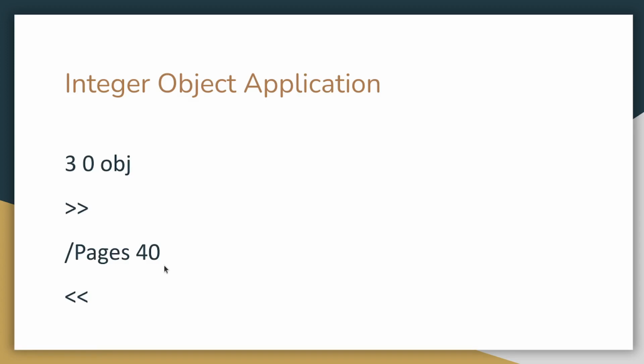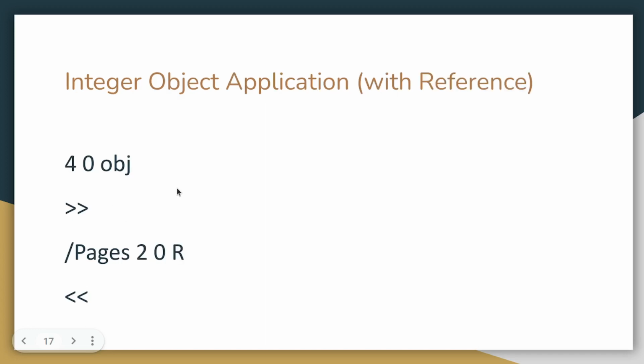There could be times when we have to mention the pages, and we can use an integer to do the same. And we could also use a reference object as an integer. In this example we have not used that 40 directly, but referred to it as an object with ID 2 generation 0, which is in the previous slide.